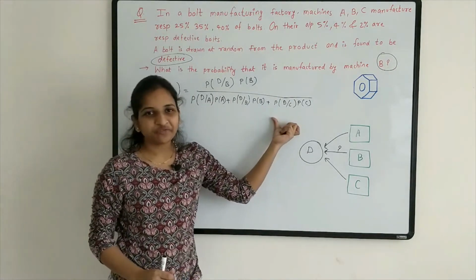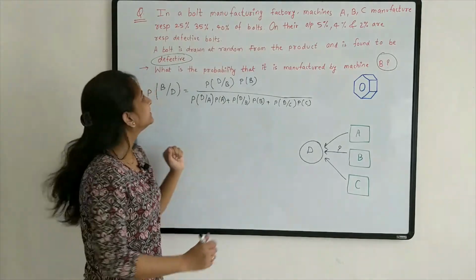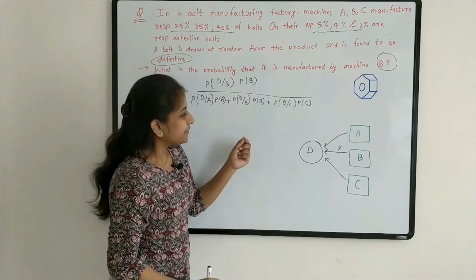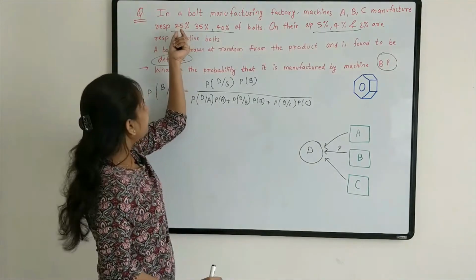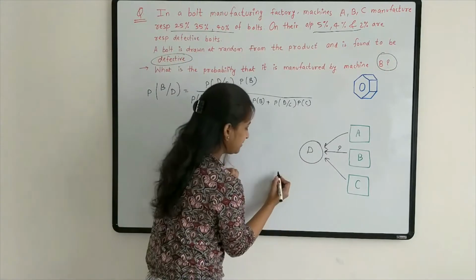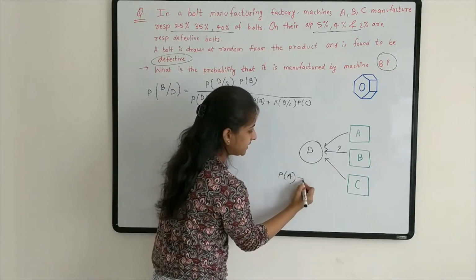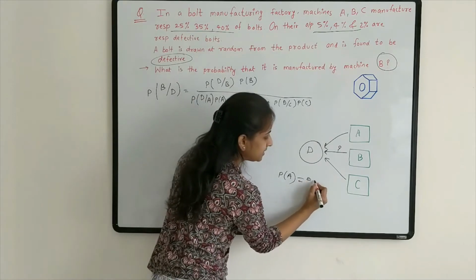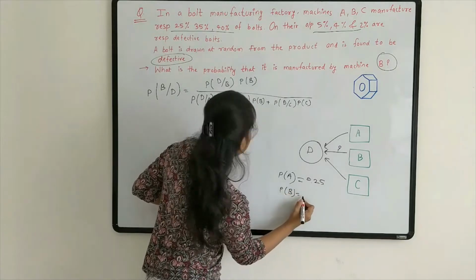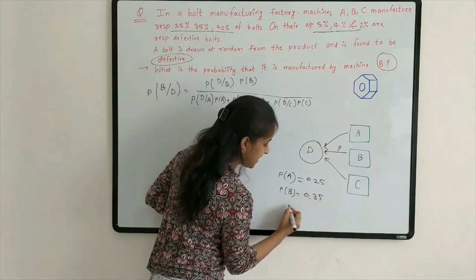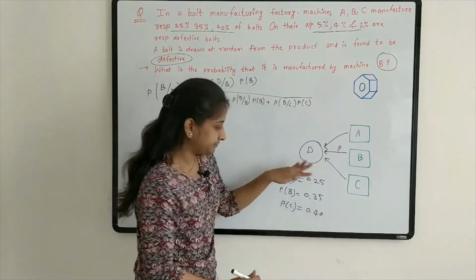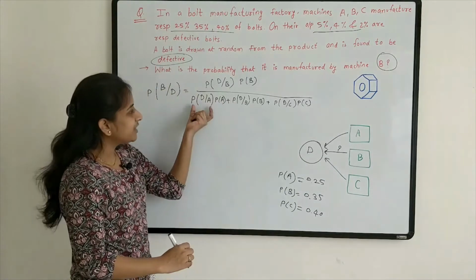We don't have to find it, it's already given in the question. A bolt manufactured by machine A, the probability is 25%, that means 0.25. Same for machine B, it is 35%, and for machine C, it's 40%, right? This is the probability.